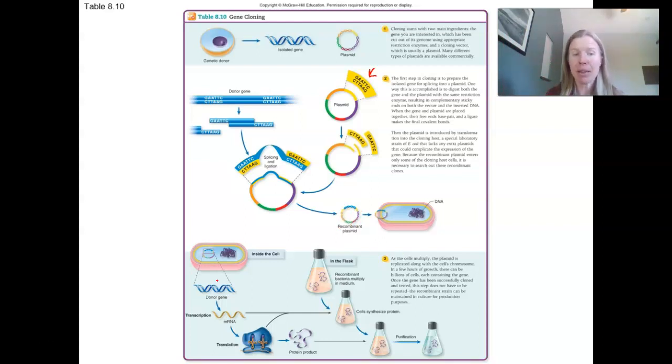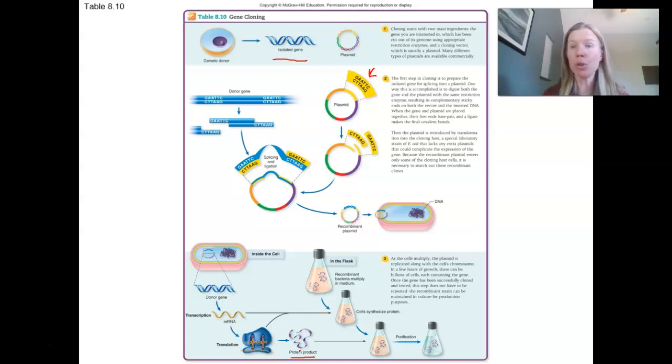And then that bacterium will undergo transcription and translation and make the protein. And this is where you do have to make sure, if you want a bacteria to make a human protein, you can't just give it human DNA. You need to take the mRNA and go back to DNA, so that the introns are removed and an actual functional protein is produced.